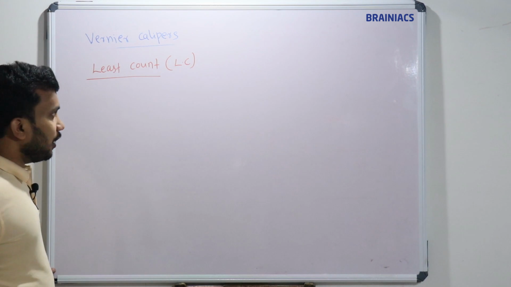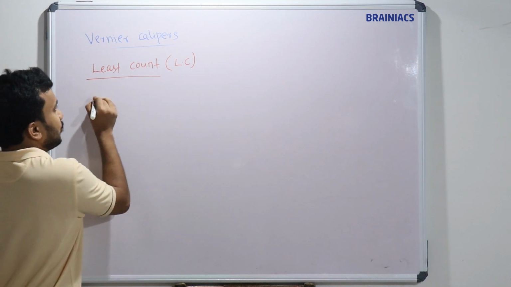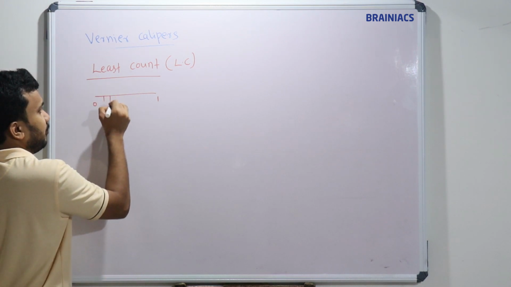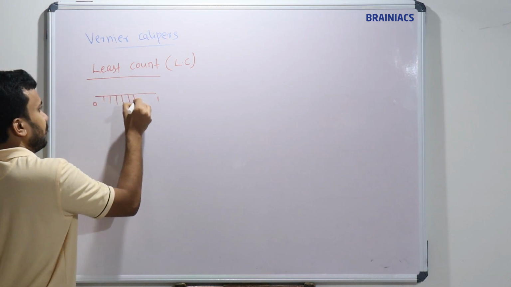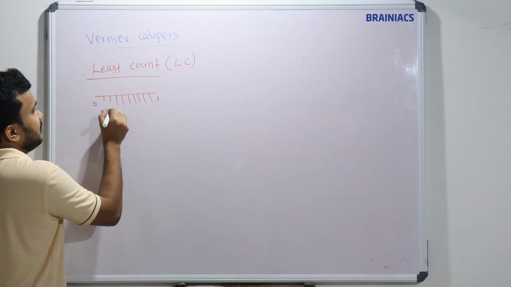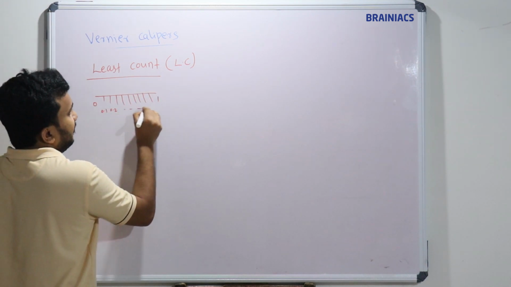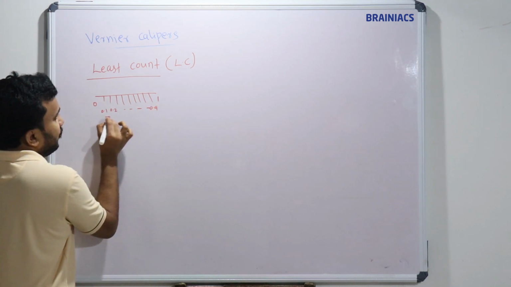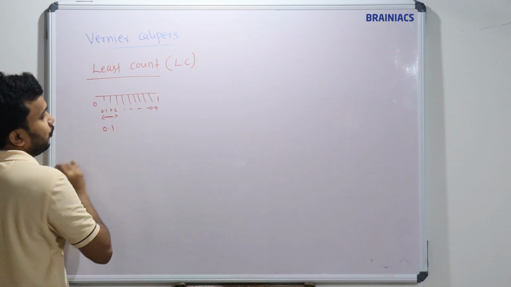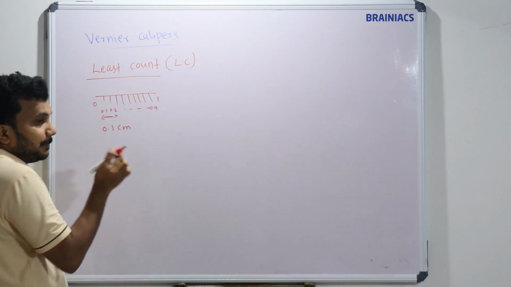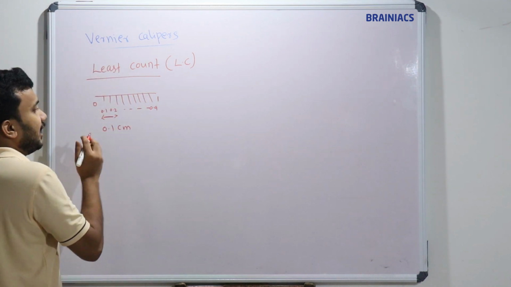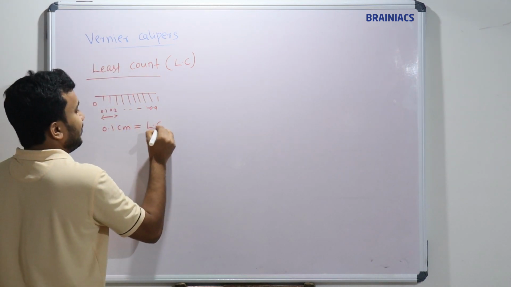In case of a scale, as I told before, in the 0 to 1 centimeter area, if you are taking 0.1, 0.2, 0.3, 0.4, 0.5, 0.6, 0.7, 0.8, 0.9 and 1, what is the value of one space? 0.1 centimeter. So this is the minimum value I can measure with the help of this scale, and this minimum value is called least count.